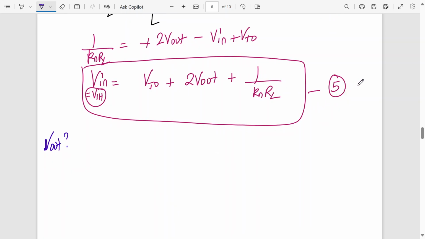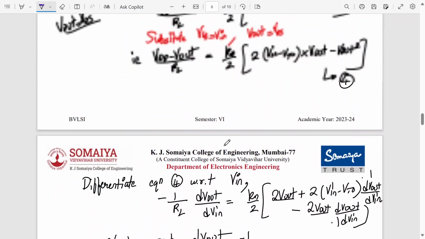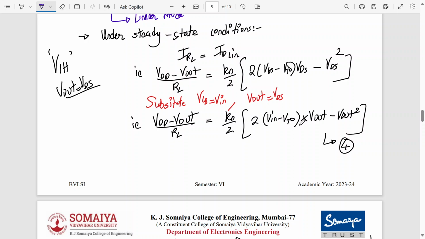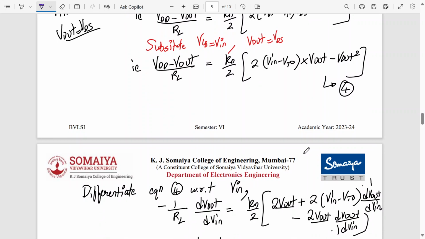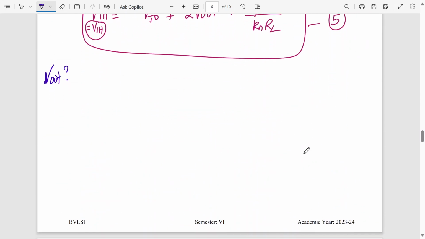So how do we find it? We substitute equation number 5 into equation number 4. Here, this one. Okay, I know it will be a tough ask, but we have to do it. So let me rewrite expression number 4 again. You have to find the value of V out.